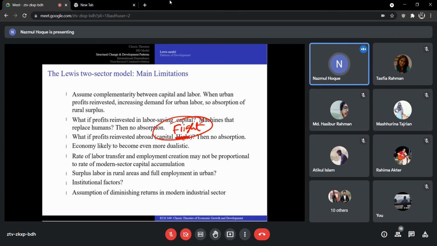It is also possible that you have plenty of unemployment in the urban sector. We are also assuming diminishing returns in the modern sector, but that might not necessarily be the case. We can also have increasing returns, which can actually exacerbate the situation.